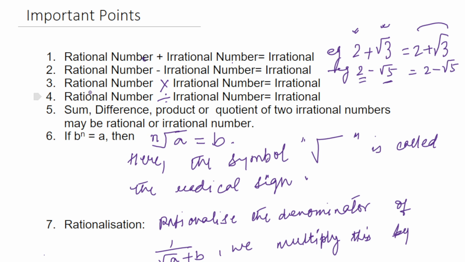Number 3. A rational number multiplied by an irrational number gives an irrational number. The best example of this is: the rational number 2 into the irrational number root 3. If I multiply, I'll get 2 root 3.